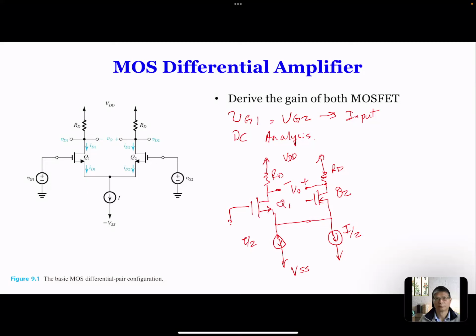So now you know that in the DC mode, the current is already given. Therefore, we can easily calculate VD1 and VD2.